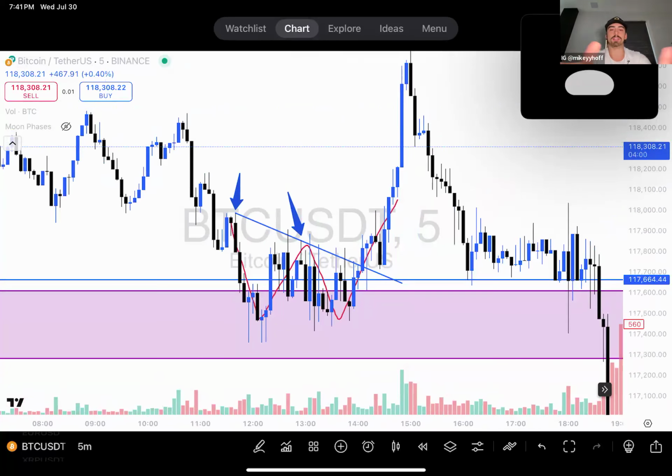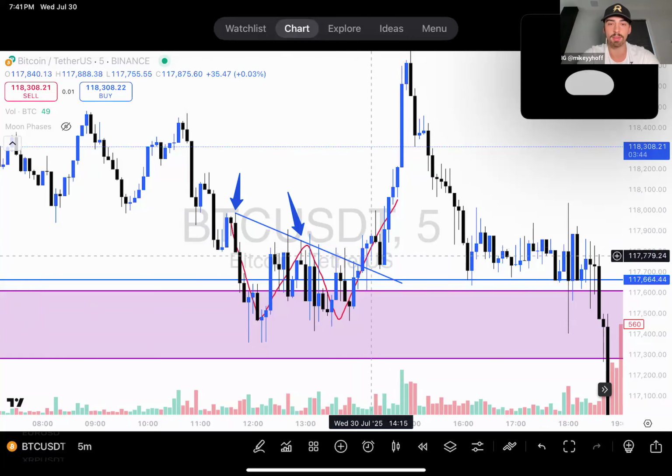Now you ask yourself, okay, we have the counter trend line, we have the W. How does it actually work, or when do we actually get into the market? What you want to wait for is the first candle that opens above this counter trend line and also closes above this counter trend line.